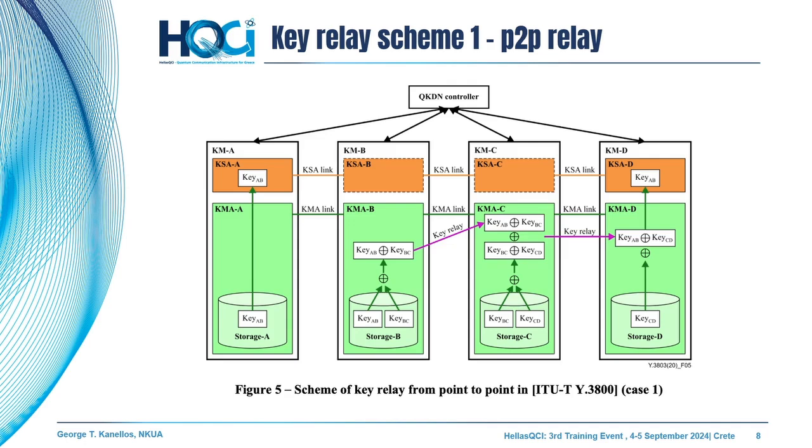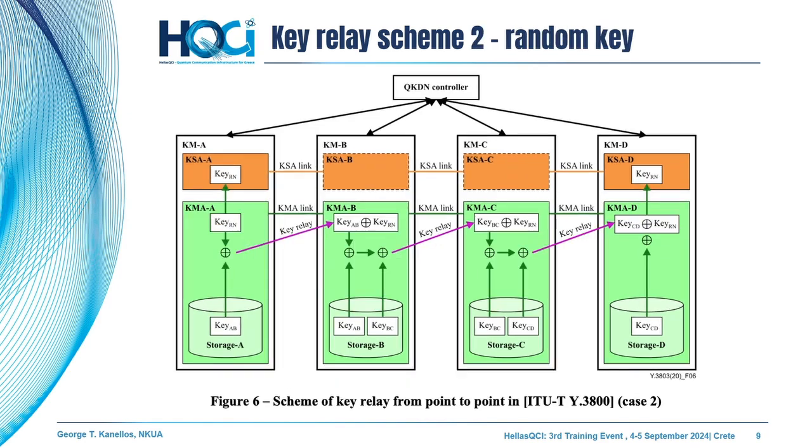So you see that eventually we conclude with the key AB to the last node. Another option is to use a random number generator or an arbitrary number sequence that we want to encrypt. So we use the key AB to encrypt this random number, and in sequence we propagate this to the second node.